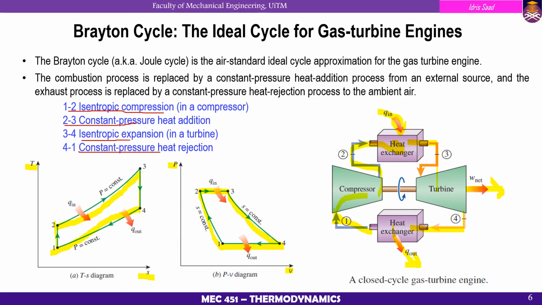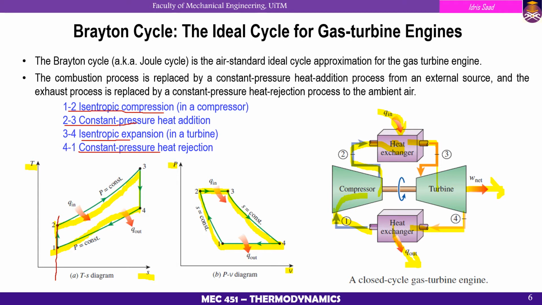So for the ideal cycle for the gas turbine engine, which is the Brayton cycle, we prefer to use the TS diagram rather than the PV diagram. It is because it is easy to see the isentropic components, where we can directly see that at state 1 and state 2 the entropy is the same.